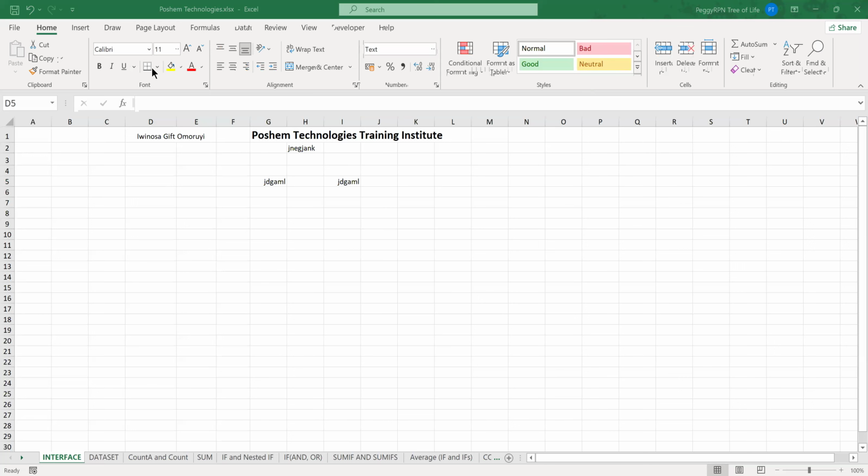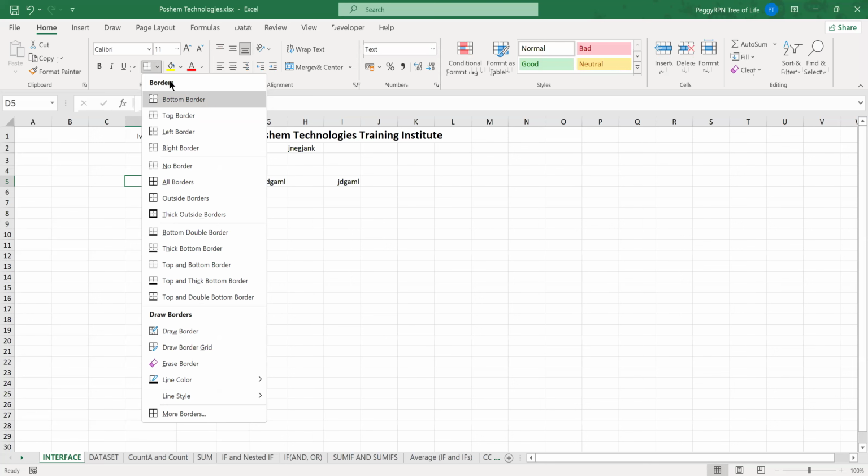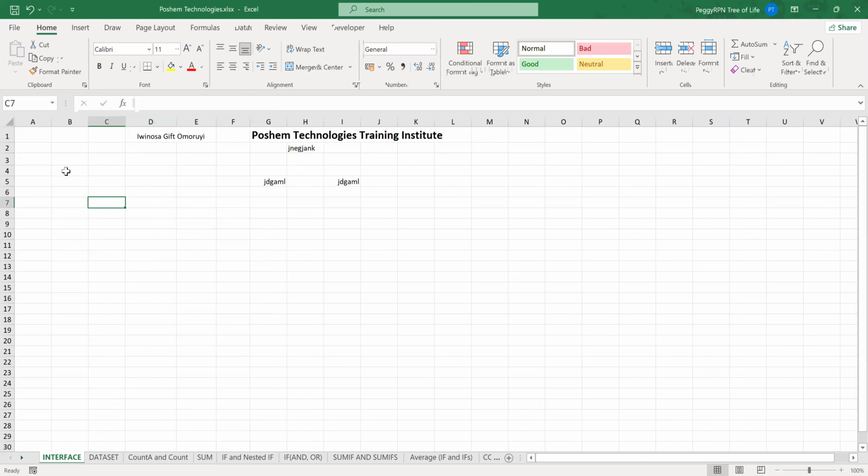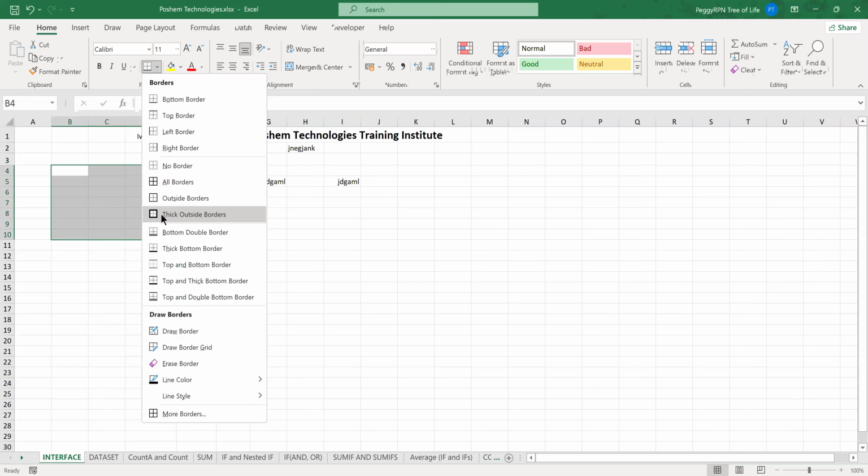Okay, this one. Yes. It's just a border, more like creating borders, to highlight borders.